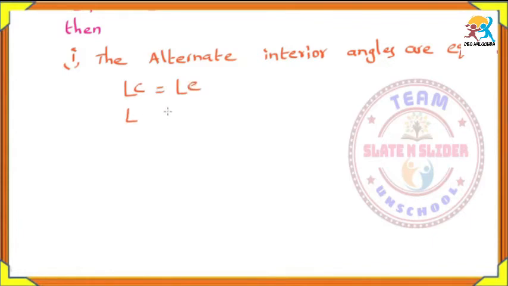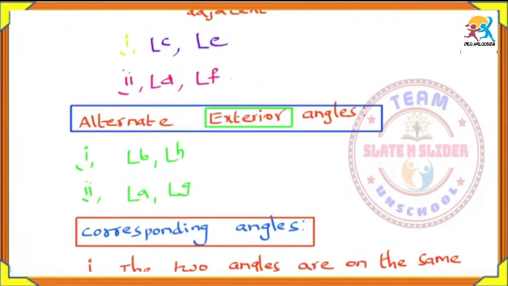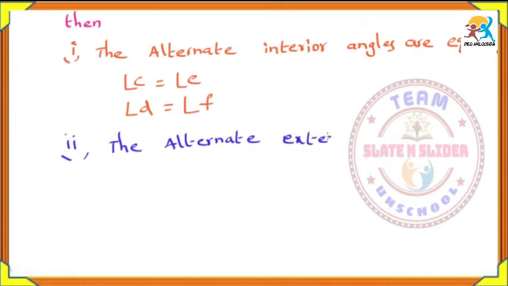And angle D is equal to angle F. And the second one, the alternate exterior angles should be equal.